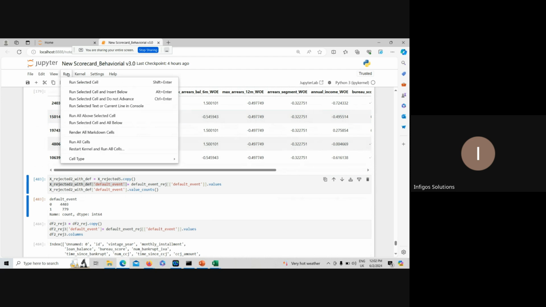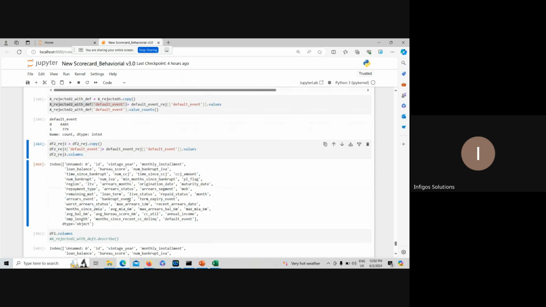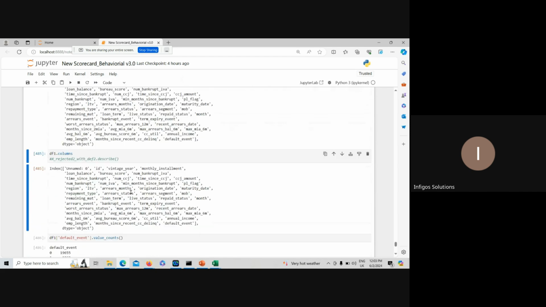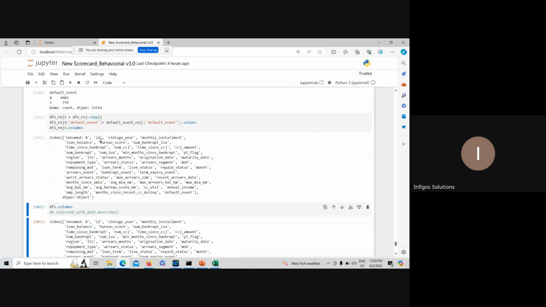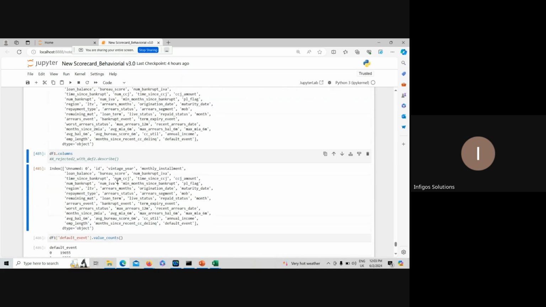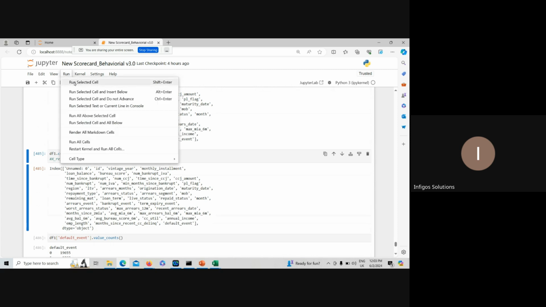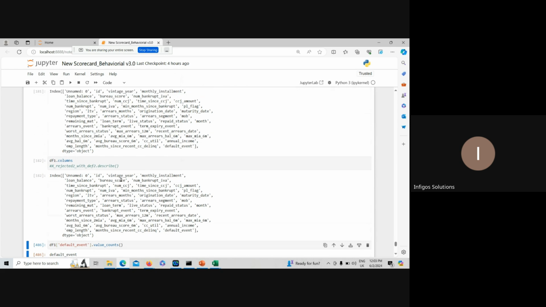Let's do it. We put it in another place. So if you look at the columns here, they should be similar. Then only you can merge these two data sets.